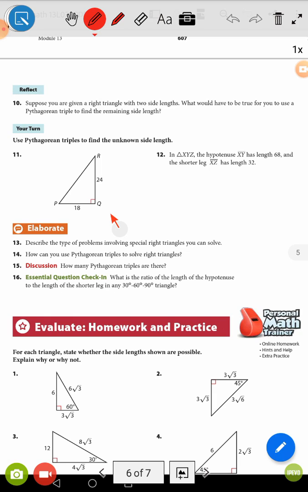So I will write PR equals root, we will put 18 power 2 plus 24 power 2, and you can use your calculator and find it. It's equal to 30.